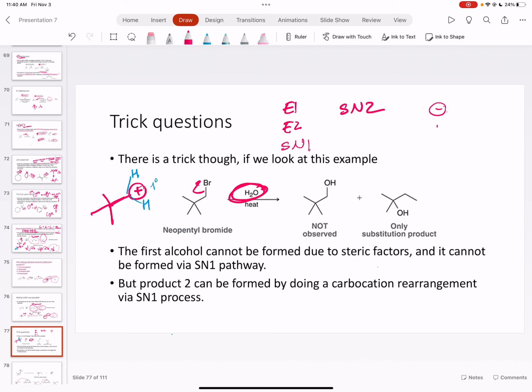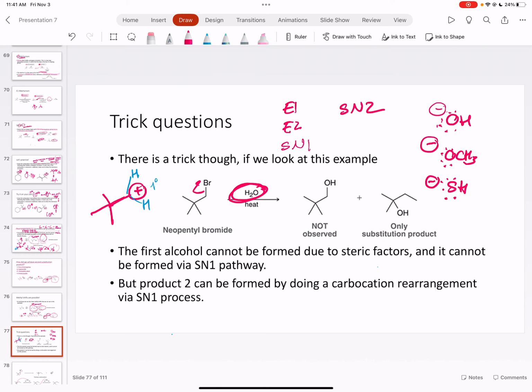With SN2s, they're normally very small, like OH or OCH3 negatives, or SH per se, because sulfurs are very reactive.